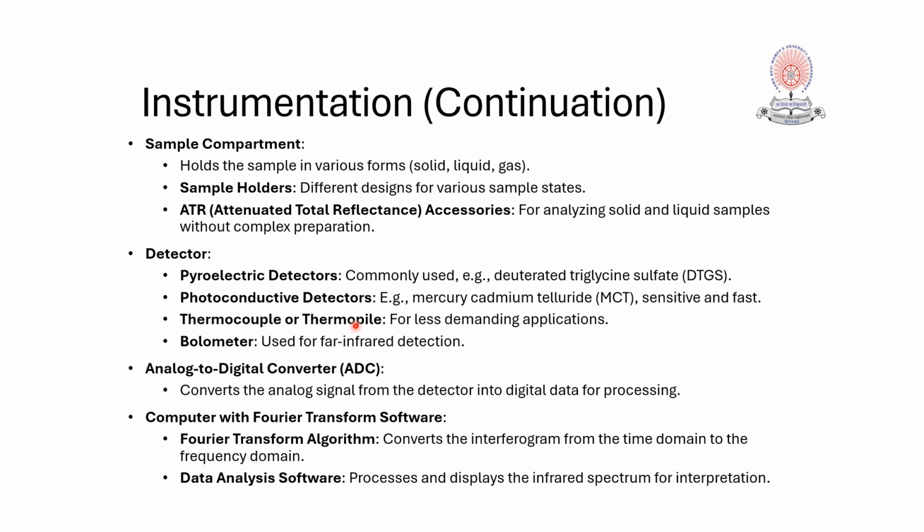Then for mid-infrared, thermocouple, thermistor or pyroelectric detectors are used. For far infrared, pneumatic detector, Golay cells or bolometers are used. There is analog to digital converter that converts the analog signal from the detector into a digital data for processing.